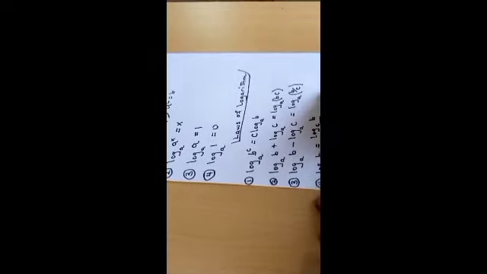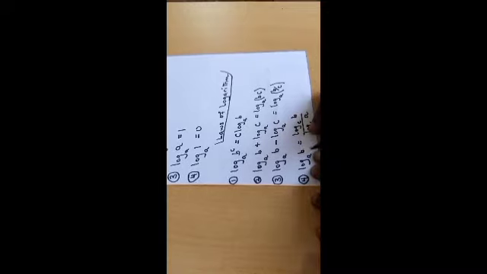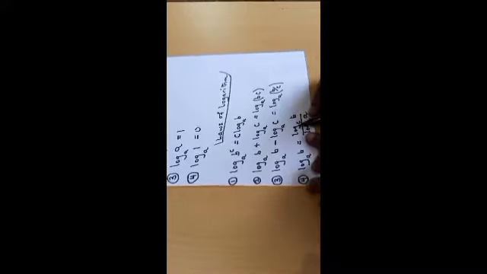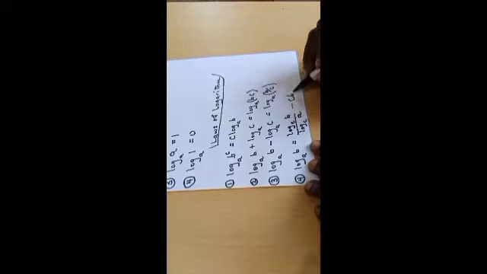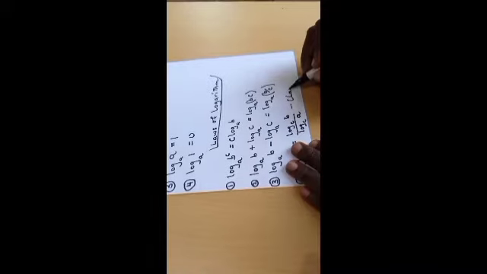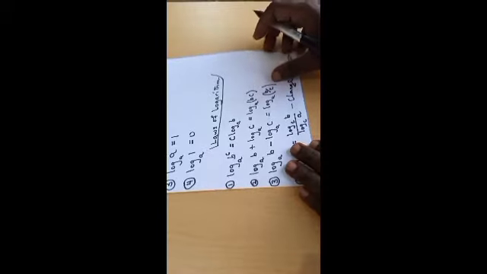And the last one is log base a of b is equal to log base c of b all over log base c of a. That is what we call change of base, if you want to change the base into the base that you want.